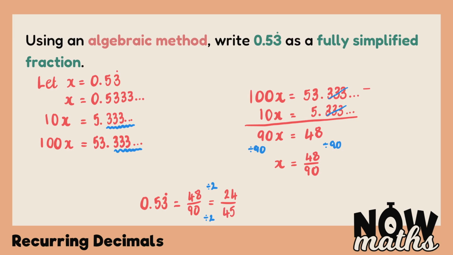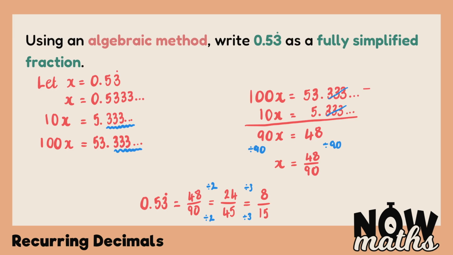Now checking 24 and 45, I can see that 24 and 45 have a common factor of 3. So let's divide by 3. And 24 divided by 3 is 8, and 45 divided by 3 is 15. Now 8 and 15 do not share any common factors, so 8/15 is our final fully simplified fraction.